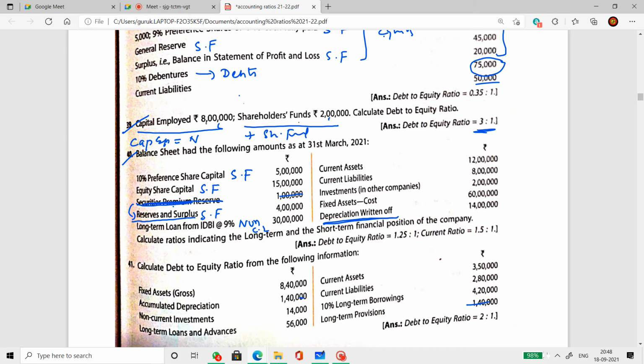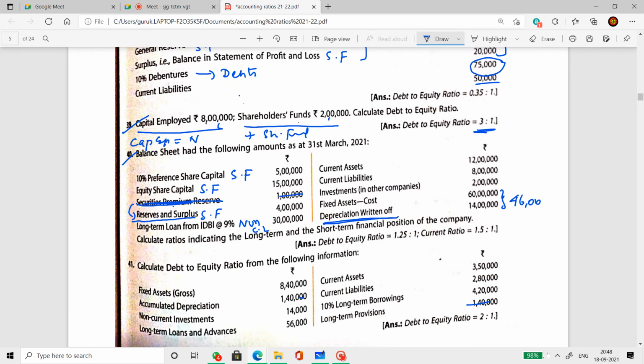Or subtract depreciation from the fixed asset and show fixed asset at book value. So here I am going to take the second way, where I am going to take the net value of fixed asset, not the cost value, which means the book value. So book value of fixed asset is 60 lakhs minus 14 lakhs, 46 lakhs.